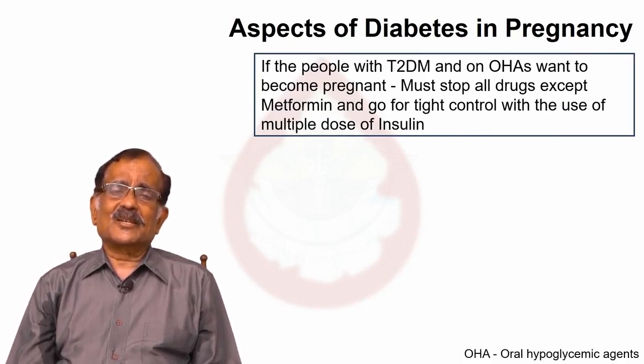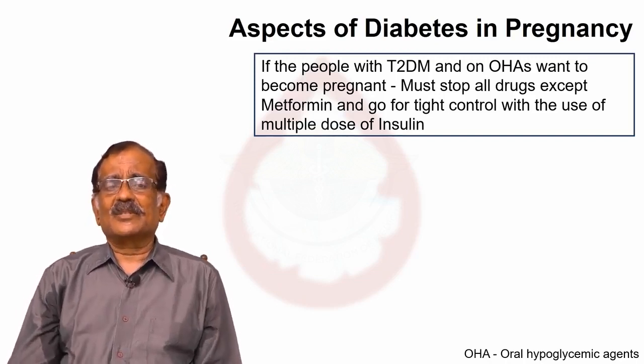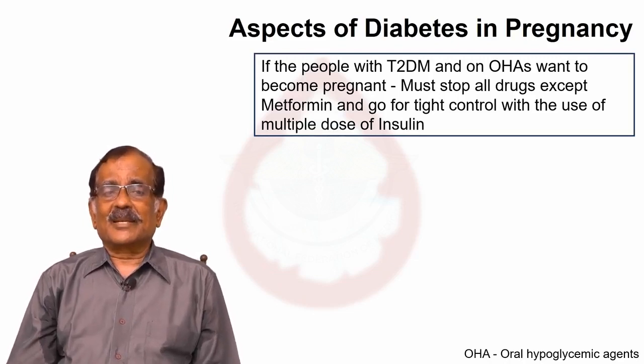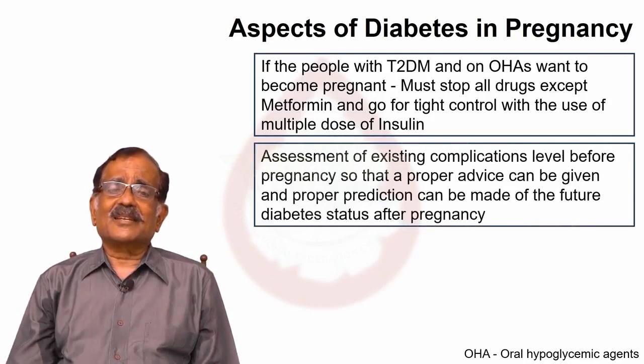So first is good control, second is omitting oral hypoglycemic drugs and controlling diabetes with insulin before planning pregnancy, and third thing is assessment of the existing complications before pregnancy, so that proper advice can be given and proper prediction can be made of the future diabetes status after pregnancy.